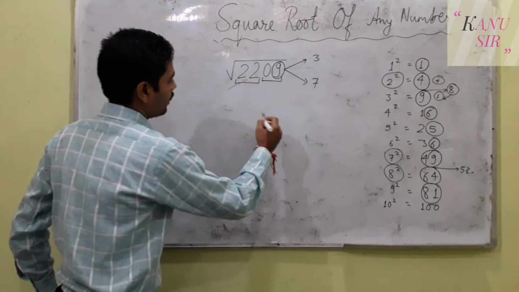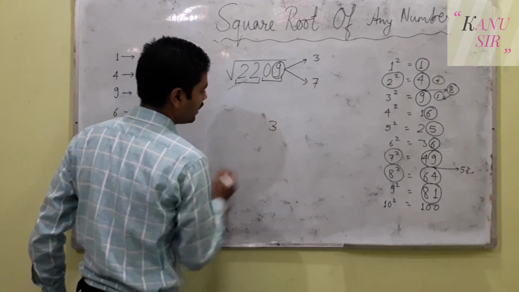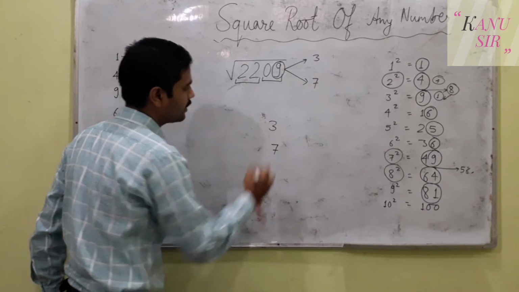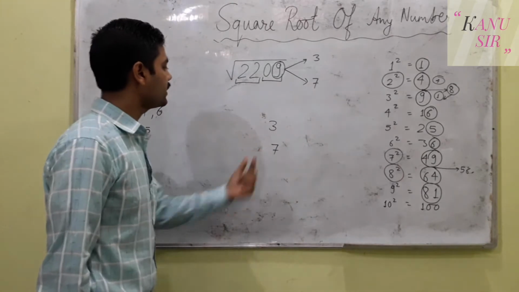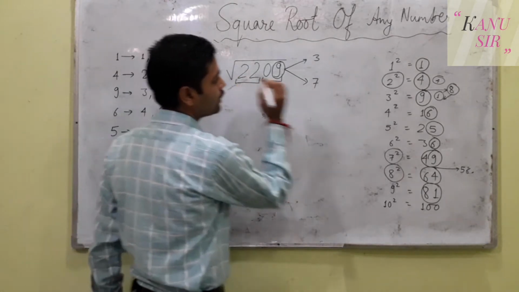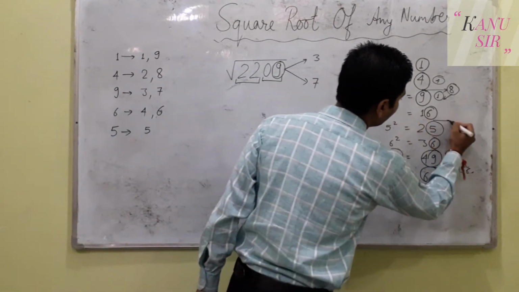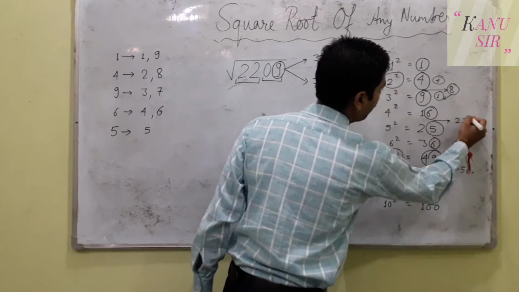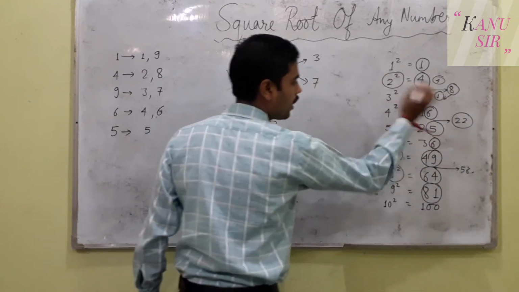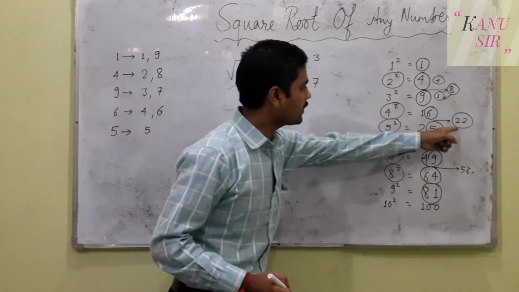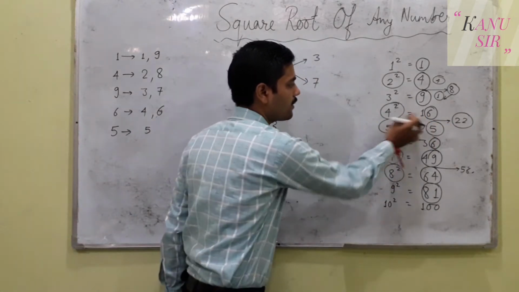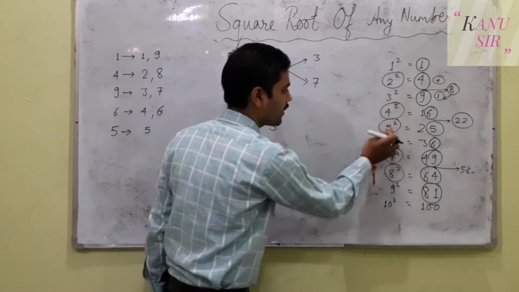Then your answer will contain either 3 or 7 in the last digit. Now what can be decided for the first digit here? That is 22. 22 lies between 16 and 25, and the square root of 16 is 4 and the square root of 25 is 5.